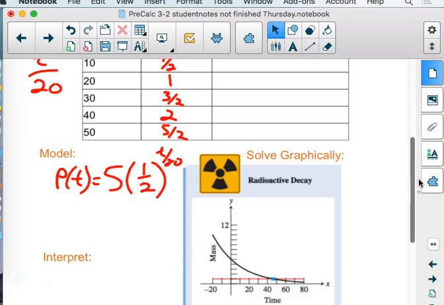So we have 5 parentheses 1/2 to the, and in the first case we would have our 10 over 20, which would be the 1/2 power. So it would have 3.536 grams remaining.